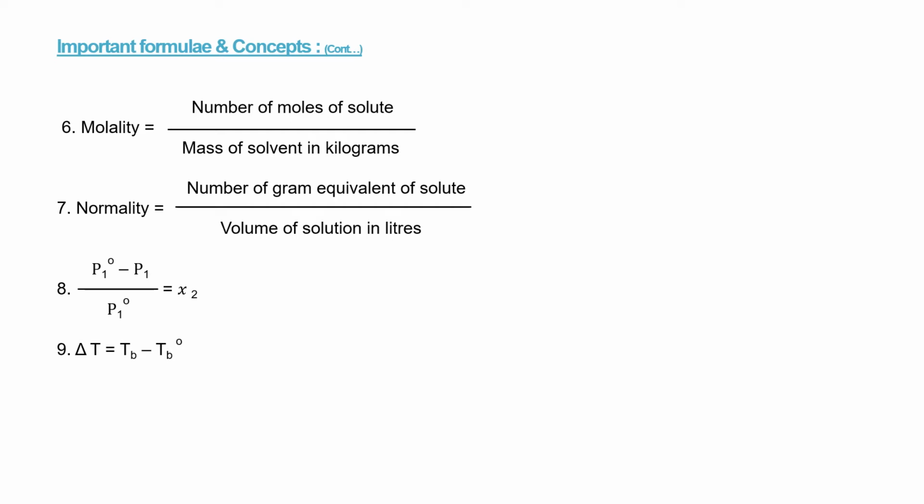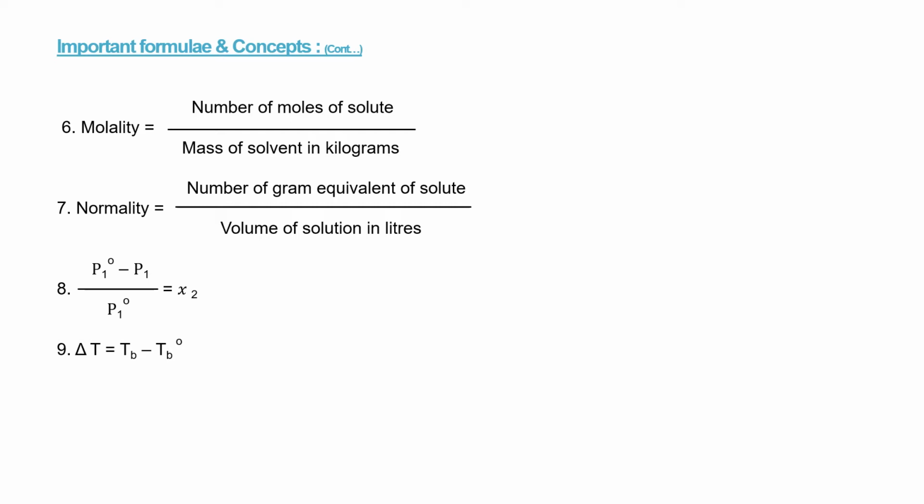Next is another colligative property, that is elevation in boiling point. Now in elevation in boiling point, your formula is delta T is equal to TB minus TB naught.